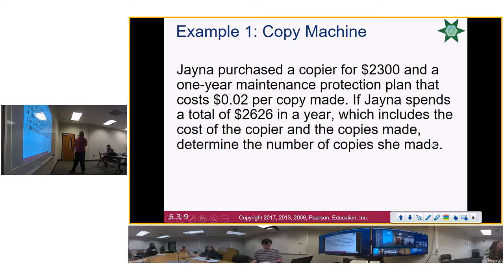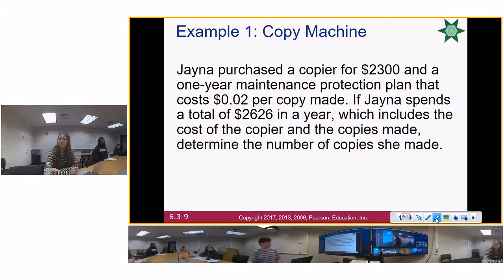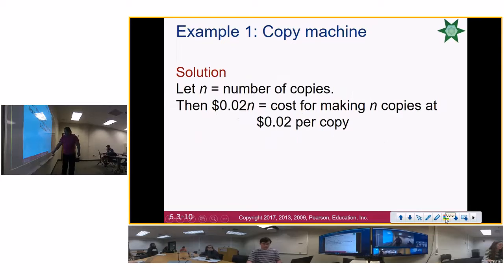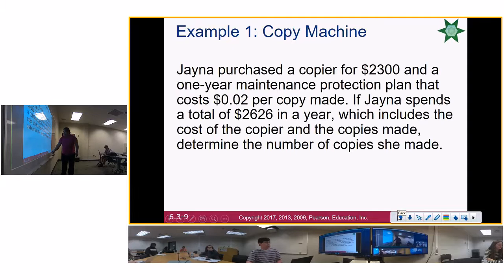When you see a problem like this, highlight those 3 things, because you've got a down payment.